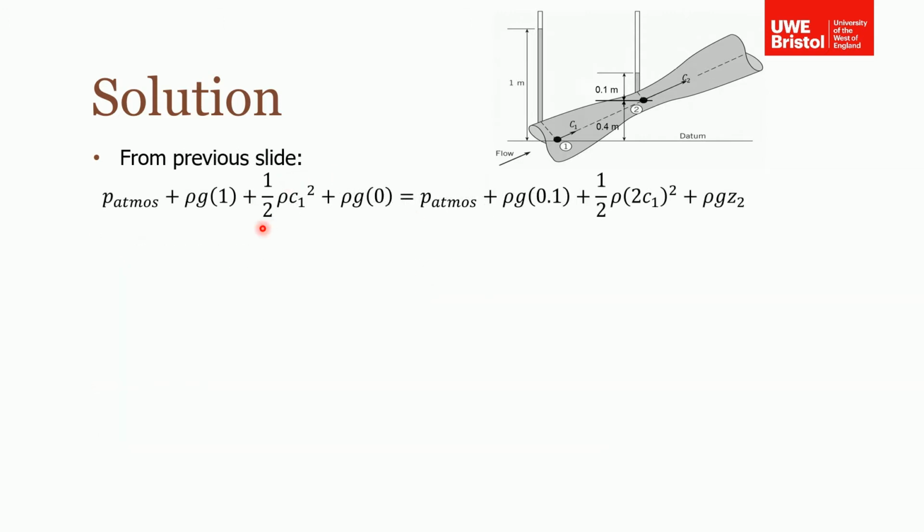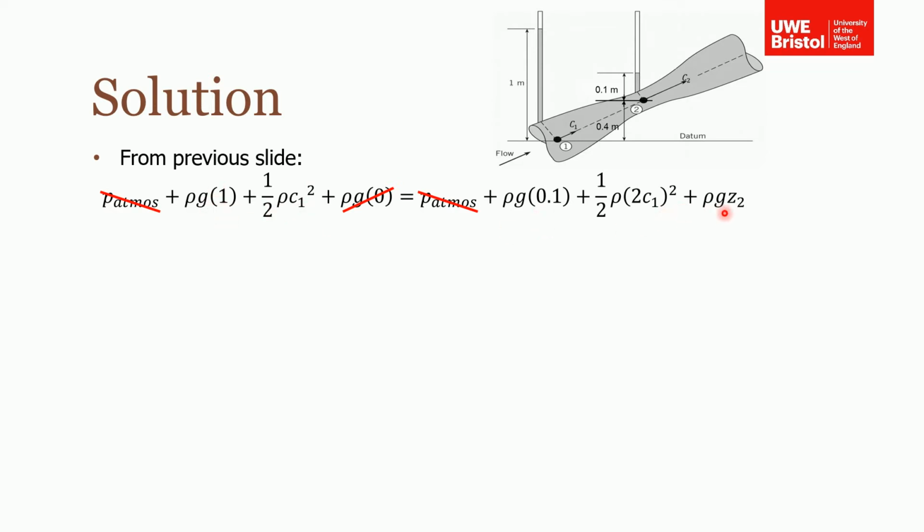So before we go any further, we can do some cancelling here. You can see that this term will disappear because it's multiplied by 0. We have P atmos on each side, so we can subtract that from each side and those terms disappear. And here now we can see that each one of these terms has got density in.